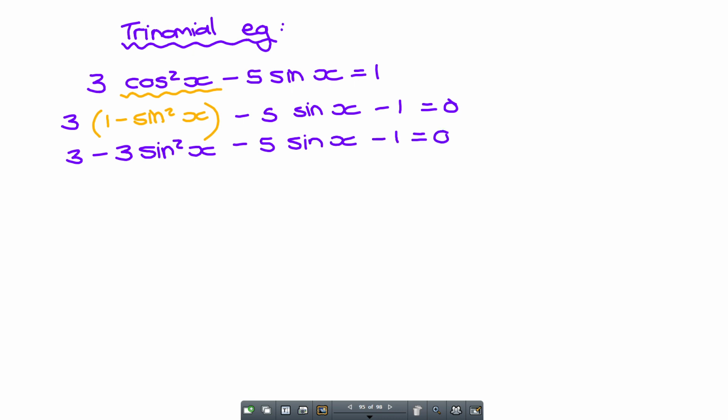Okay, so let's write it so that it looks like a proper 3-term. I want the sin squared first, so minus 3 sin squared x. Then I want my normal sin, so minus 5 sin x. And then the 3 minus the 1 will give me plus 2 equal to 0. See, now it looks like a normal 3-term.